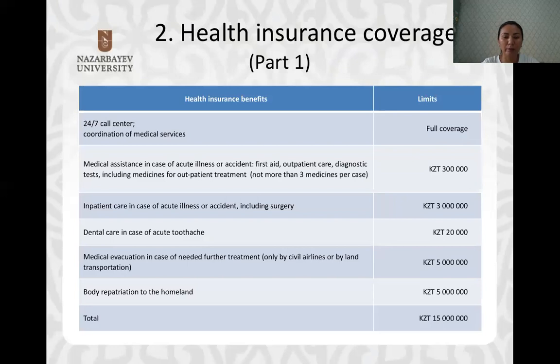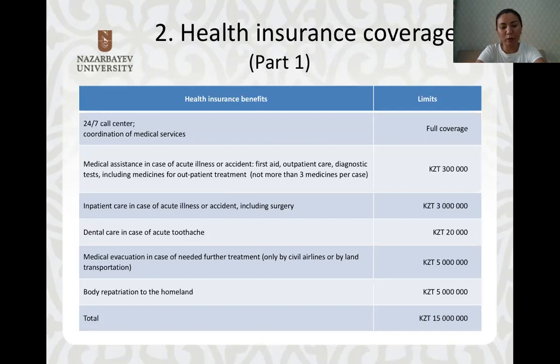The health insurance consists of inpatient care, outpatient care that covers also free medication, and dental care, medical evacuation, and, sorry to say, but body repatriation. And the total coverage is 15 million tenge. Please bear in mind that chronic conditions that are not acute, or pregnancy and delivery, are not covered by the health insurance. That's why we ask you to work on this as well.